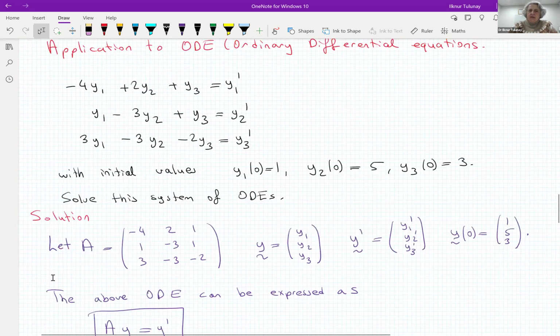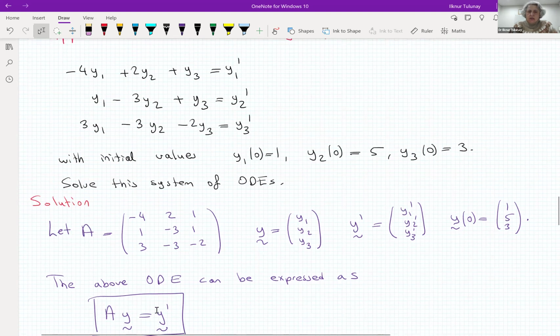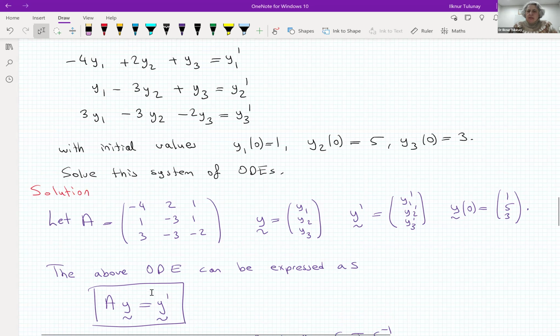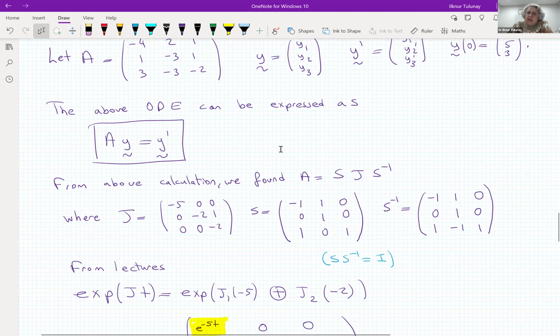So basically, this equation system is equivalent to AY equals Y prime, a matrix equation. We would like to solve these equations by using linear algebra, not by using the calculus method. We would like to use an algebraic method to solve these equations.